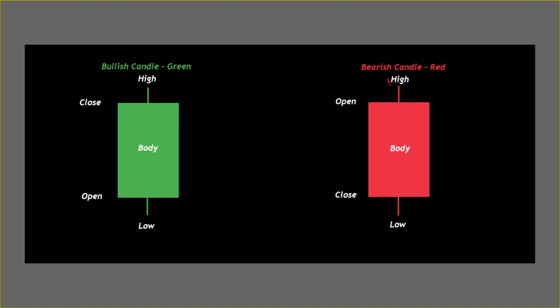This remains true on the bearish candle as well, where the top wick represents the high. On the bottom side, this lower wick would represent the extreme low of price. Now, if price opened here and fell below, this wick would be filled.